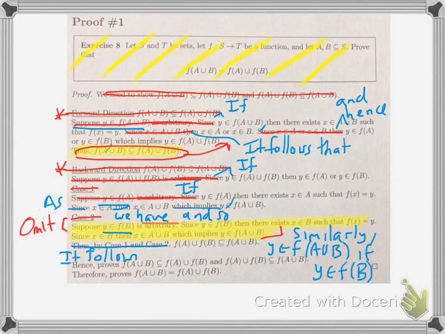It follows that f of a union f of b is contained in f of a union b. All right, now at this point we're done. But we've repeated it. We've said hence, well, proves. Okay, that's just a language issue here, so let's get rid of that. We don't need any of this. All right, it's not hard to see what we've proved. Therefore, proves, well, okay, how about we just get rid of the proves, and therefore we get our conclusion.